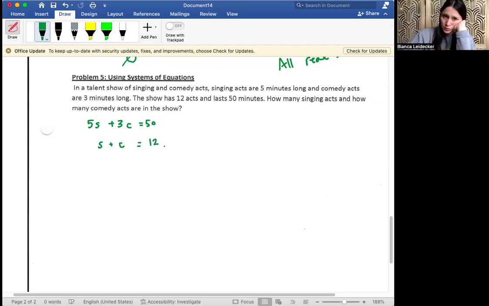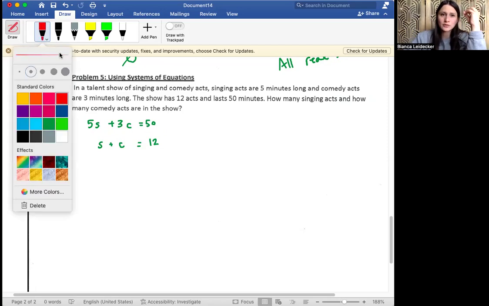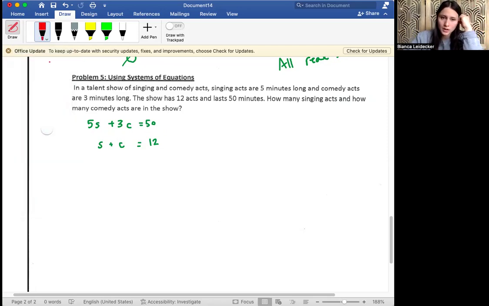So basically I have 2 separate equations. One equation is really calculating the time, and the other equation is calculating the amount of acts that there are. But I'm still talking about the same thing. So I'm solving 2 separate equations, but the S and the C, the singing and the comedy, should be the same, right? It's the same show. I just have 2 different topics I'm discussing.